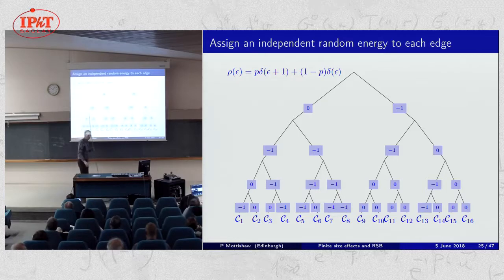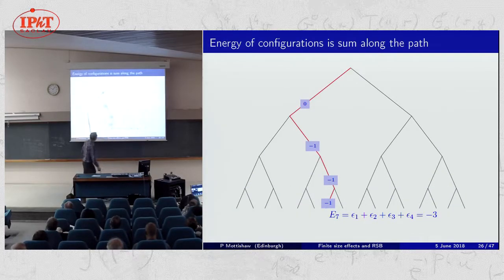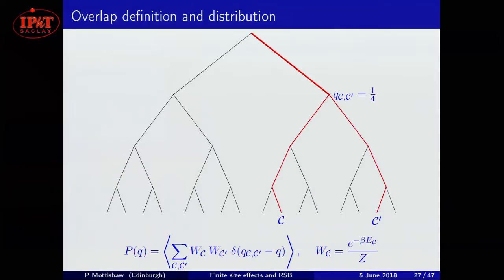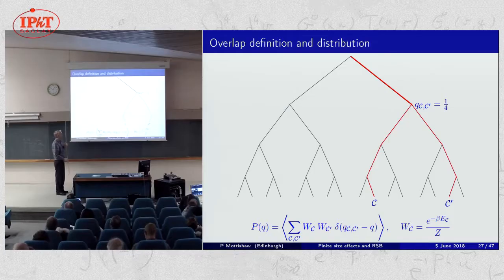If you want to compute the energy of each of these configurations, you can compute it by just adding up the energies associated with the bonds. And what that means is we now have correlations between these configurations.